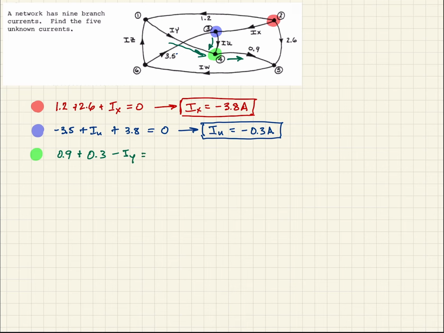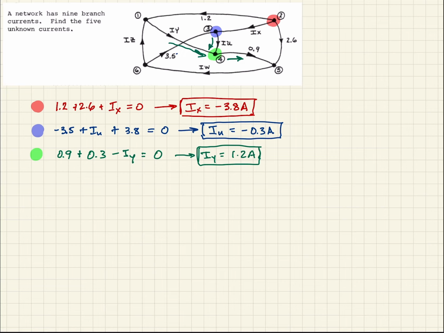Now that should all equal 0 if we add those up. So we solve for IY: we subtract 0.9 and 0.3 from both sides, and then we reverse the sign because we have a negative IY, and we see that IY is equal to 1.2 amps. So there's our third unknown.